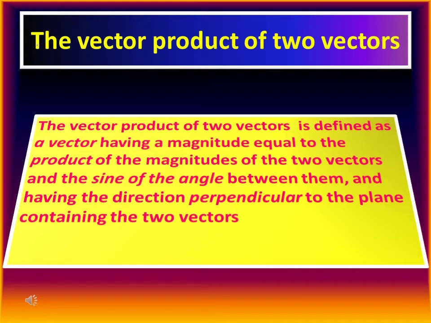If the product of two vectors is a scalar quantity, then it is called a scalar product. But if the product is a vector quantity, then it is called a vector product. And here we are going to discuss the vector product of two vectors.